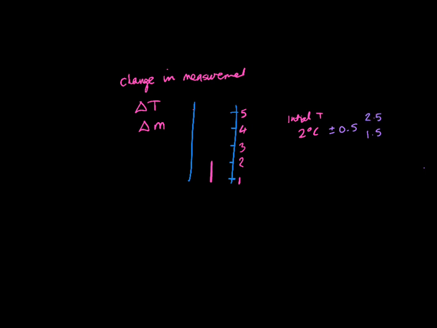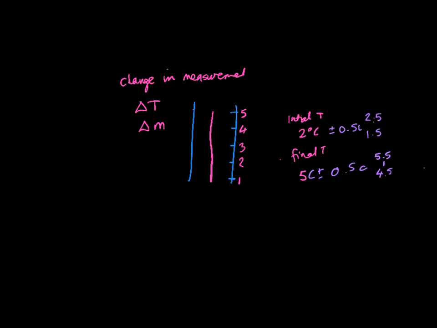Okay, that's what the plus or minus 0.5 degrees means. And let's say we do the experiment and the temperature goes up to 5. So my final temperature is 5, and again this is going to be plus or minus 0.5 C.